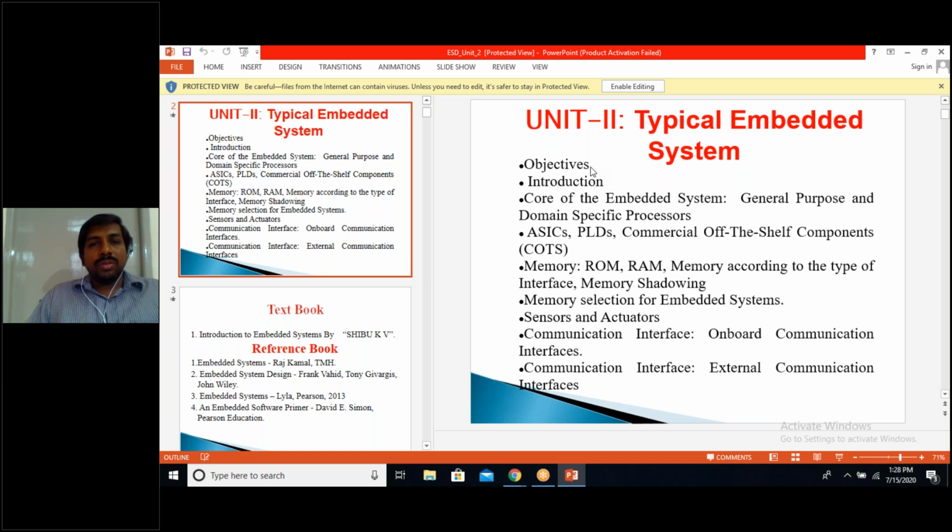First, we'll cover objectives, introduction, core of the embedded system, general purpose and domain specific processors, ASICs, PLDs, commercial off the shelf components, memory, ROM, RAM, memory according to the type of interface, memory shadowing technique, memory selection for embedded systems, sensors and actuators, communication interface, onboard and external.